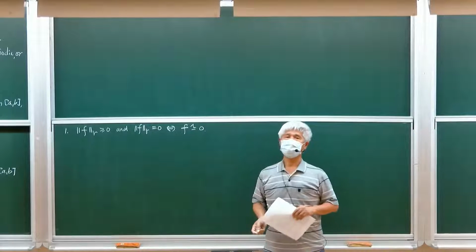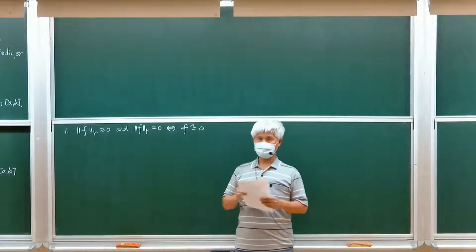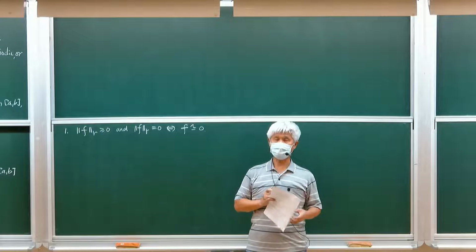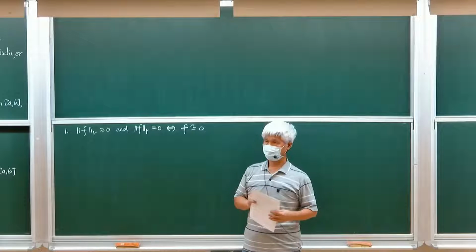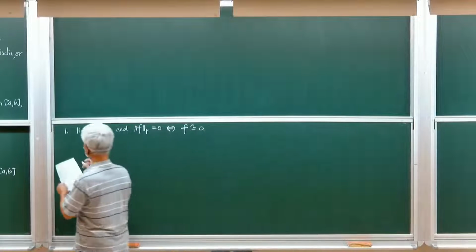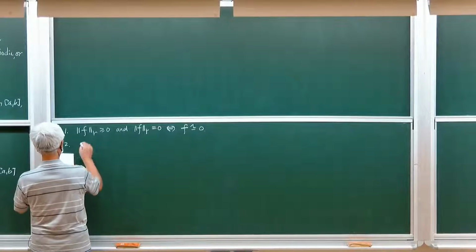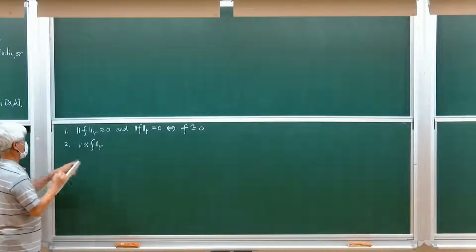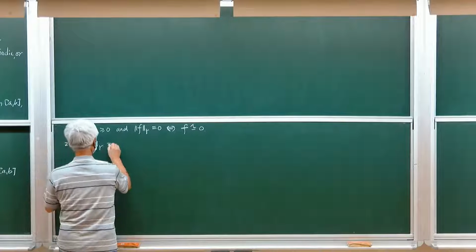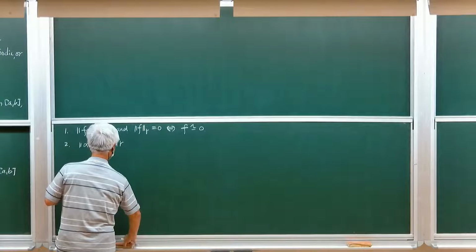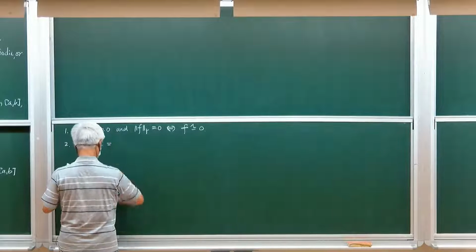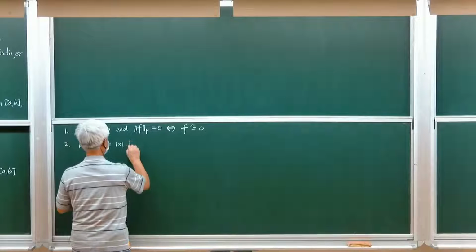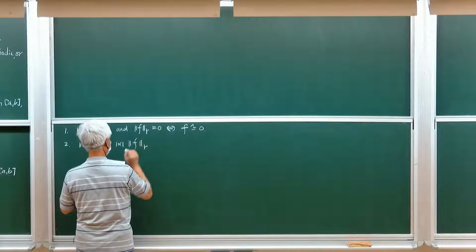That means f is 0 almost everywhere in the finite closed interval AB. Second, if we scale f by a complex number alpha, then the norm would be the absolute value of alpha times the norm of f.